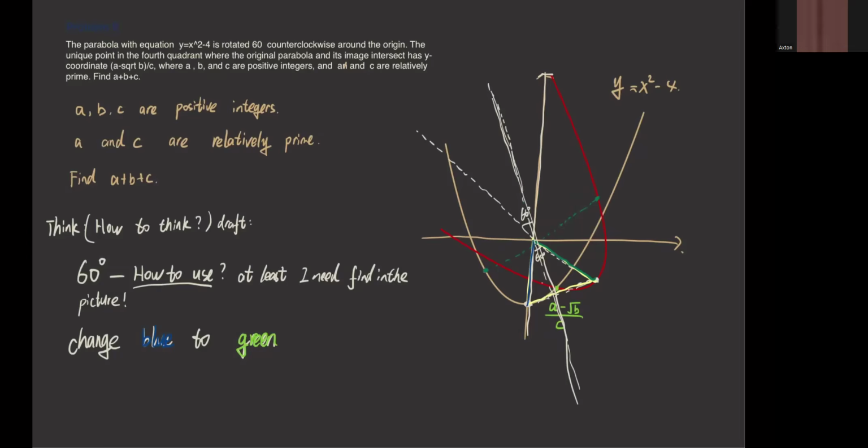So I find this line, and every point has a new place to go. The important thing is this point is very special. It's on this axis of symmetry, which means this point does not change, which means this point is on the original parabola and its image.